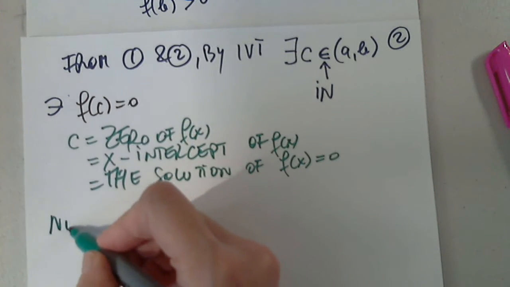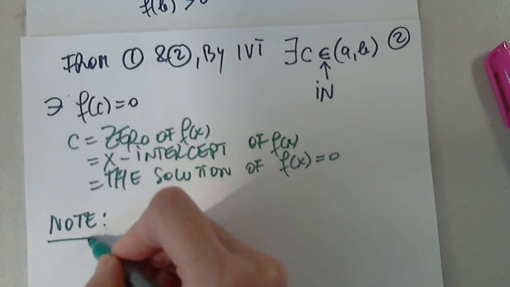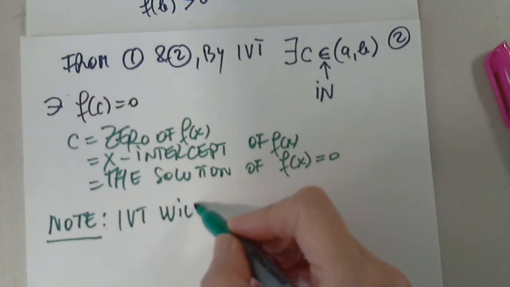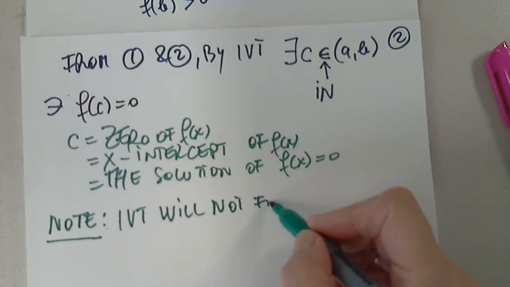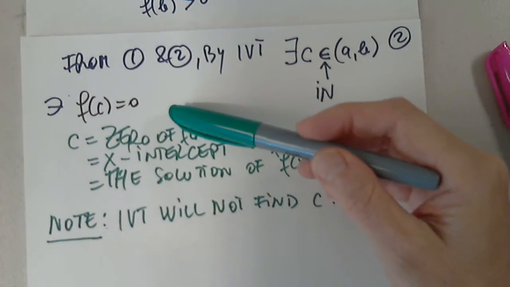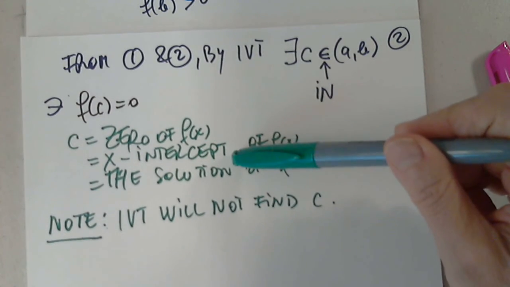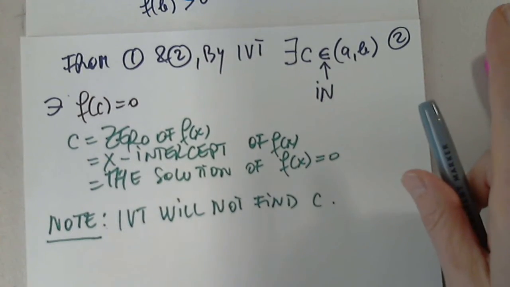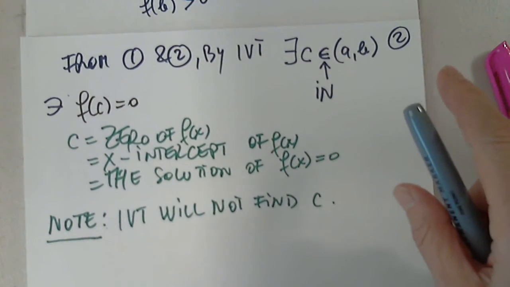Here is a problem with this. IVT will not find C for us. It will only tell us you're looking for a zero, you're looking for the x-intercept, or you're looking for the solution of this. I'm telling you where it is. It's between a and b.